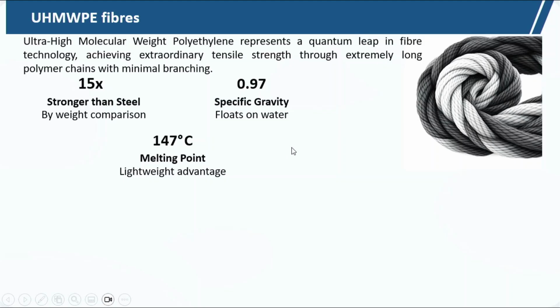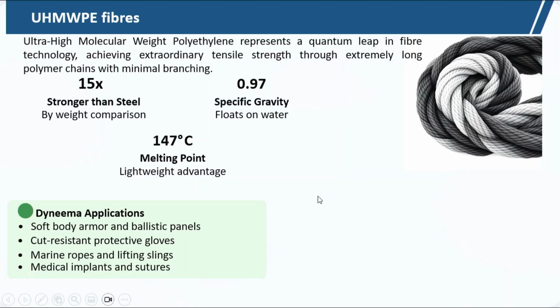So, that is why ultra high molecular weight polyethylene is not used for high temperature application, but where the strength is important, there we use this UHMWPE. Okay. So, among commercially available fibers, Dyneema is one fiber, it is used for soft body armor or ballistic protection due to its high strength. Okay.